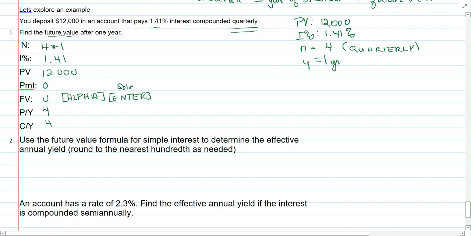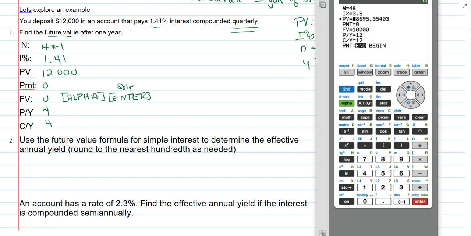All right, so let's take care of our calculator. Okay, I'm going to move up in the N and put a 4, a 1.41. We're going to put our present value is $12,000. And 0 payment, 0 future value, and 4 and 4 for the quarterly. All right.